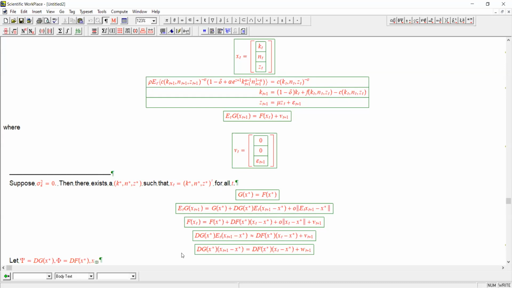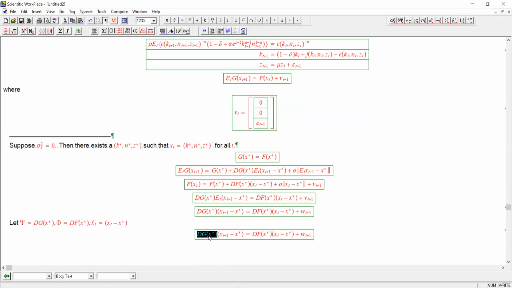We're going to define a new variable x hat, which is equal to this difference between xt and x star. And that's going to allow us to write this whole thing in a more compact form. This is psi. This is x hat evaluated at t plus 1. This is x hat. And this is big phi.